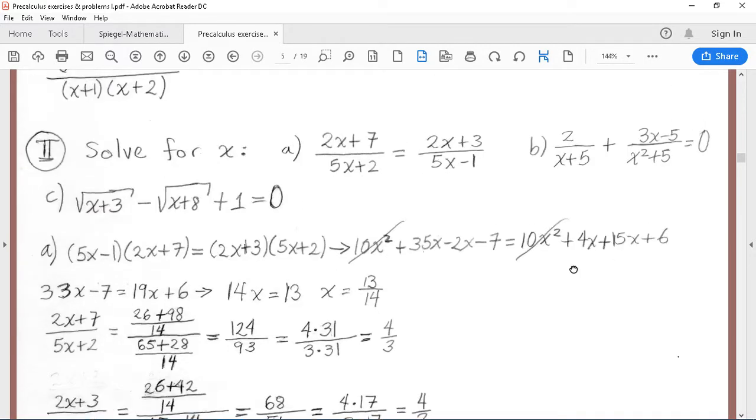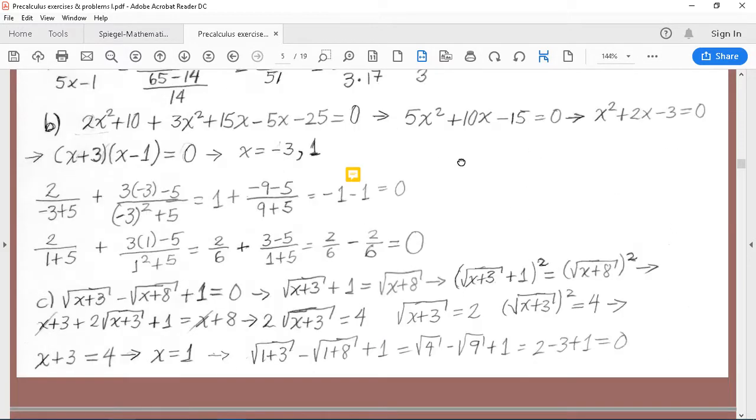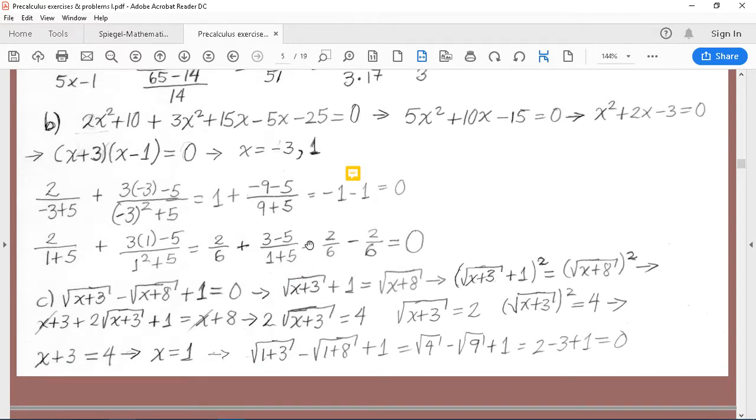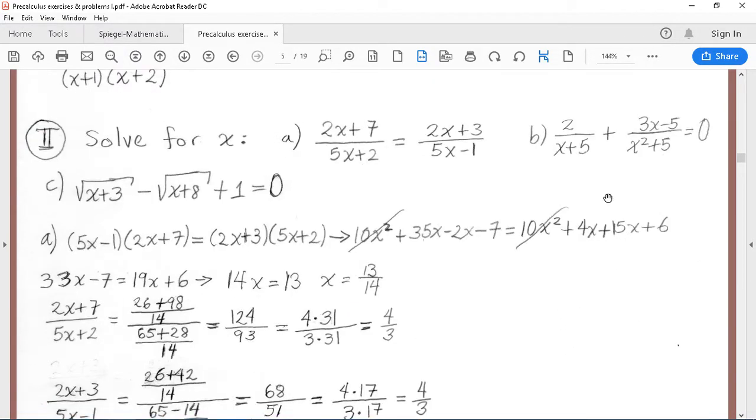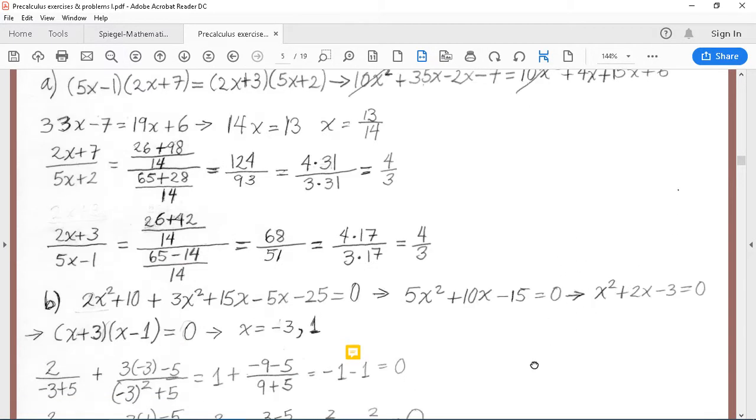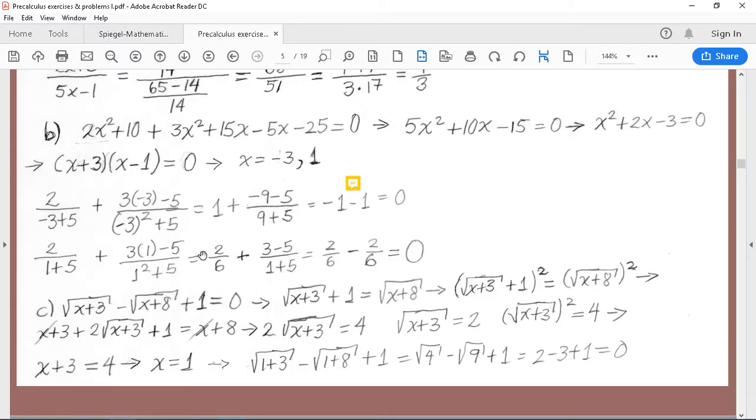3 times minus 3 should be 9, minus 9 minus 5 should be minus 14, and 3 squared plus 5, which is 9 plus 5, should be 14.